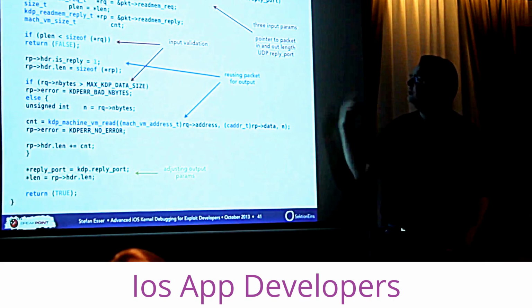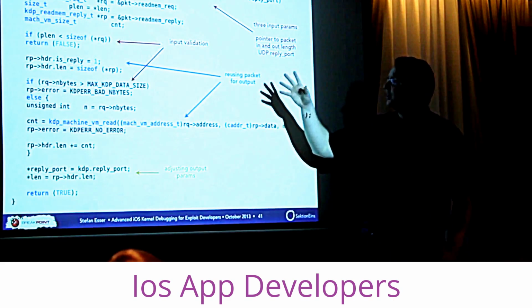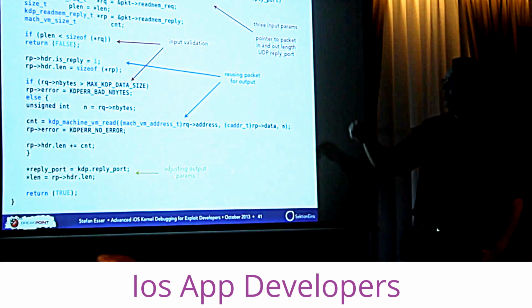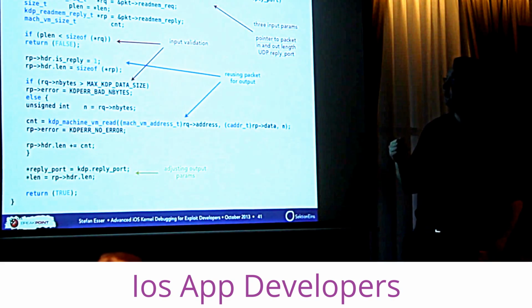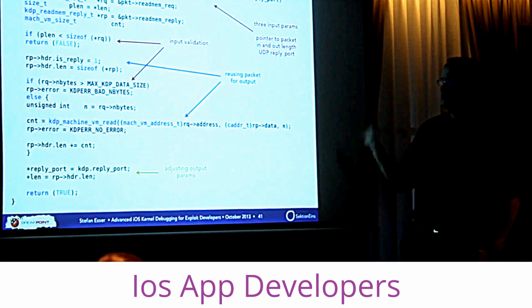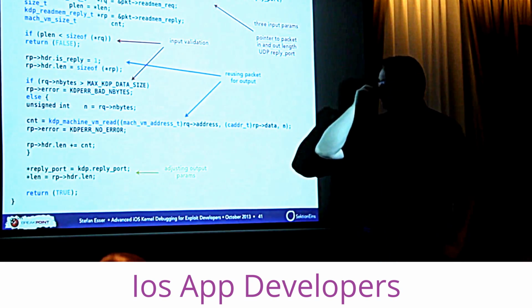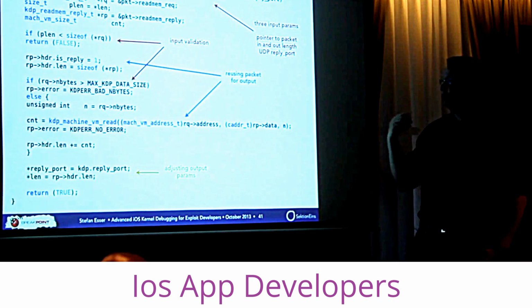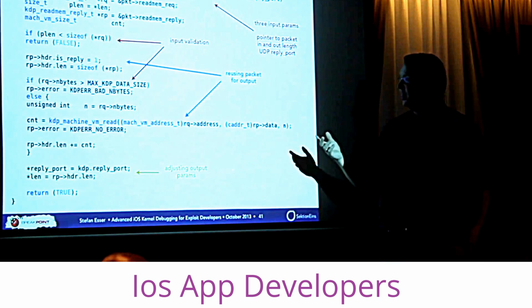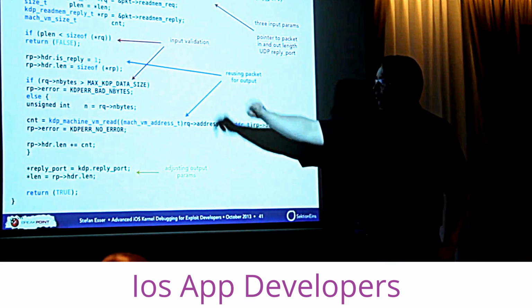And all these handlers basically first do some kind of input validation, so they actually check here that there's enough data sent to basically have the right request. Then they rewrite the packet to make it a reply. They fix the size. Then they do some more input validation.